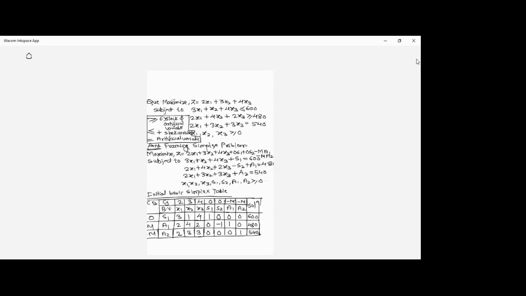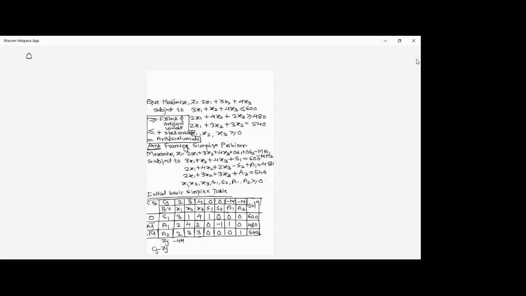Next step is what? We'll have to find out Zj, and we'll have to find out Cj minus Zj, right? So if we start finding out Zj, sorry, this is a minus sign. I'm going to write it as minus here. Yeah, it is minus m, right? So for the first value, it is minus 2m, minus 2m, so it will be minus 4m.